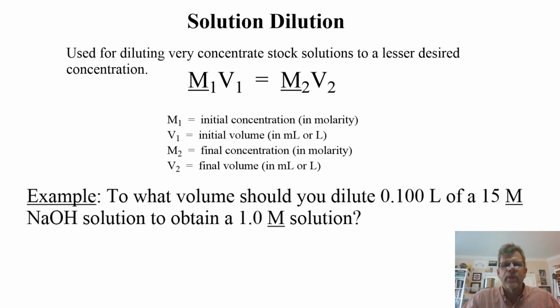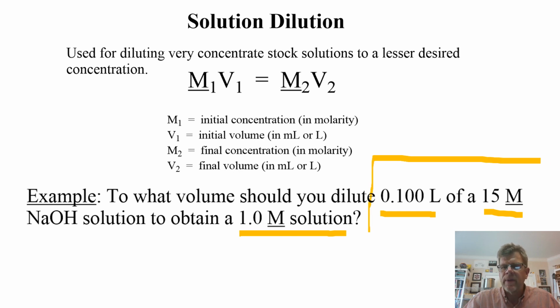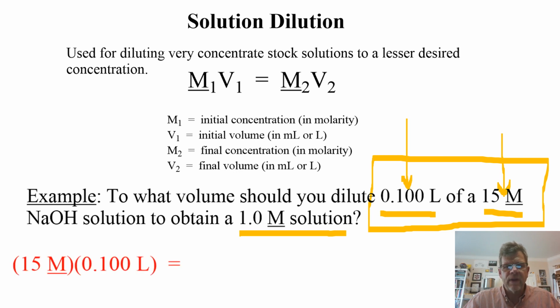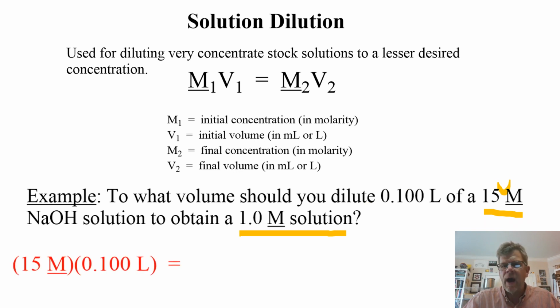For example, to what volume should you dilute 0.1 liters of a 15 molar NaOH solution to obtain a 1 molar solution? Well, we have our initial pieces right there: the initial molarity and the initial volume. So we can put these all on one side of the equation, and then we look at the other side.